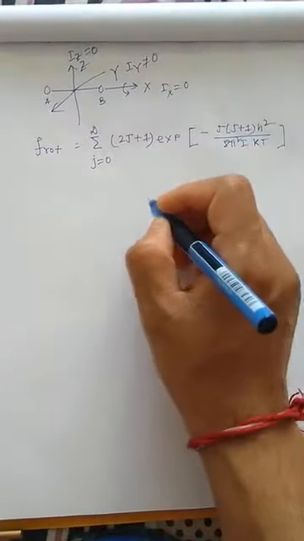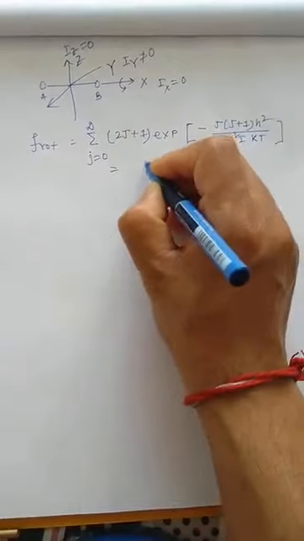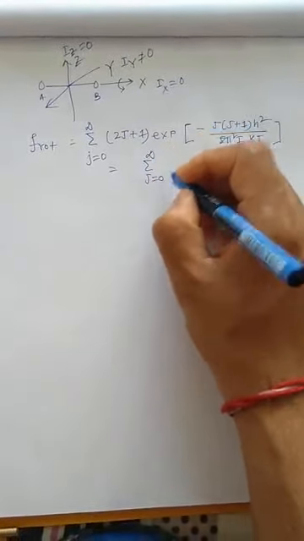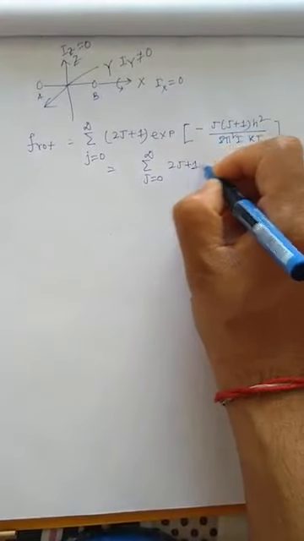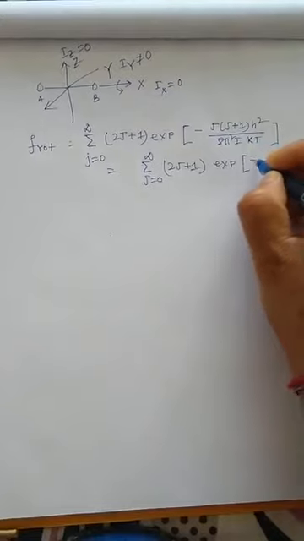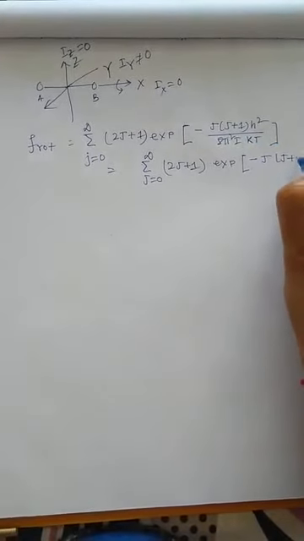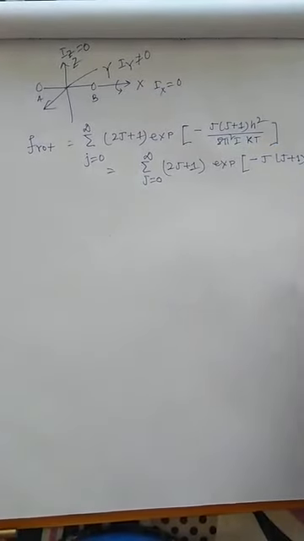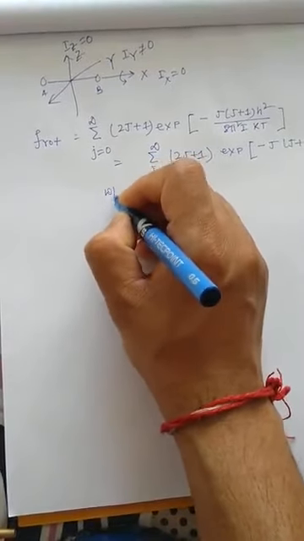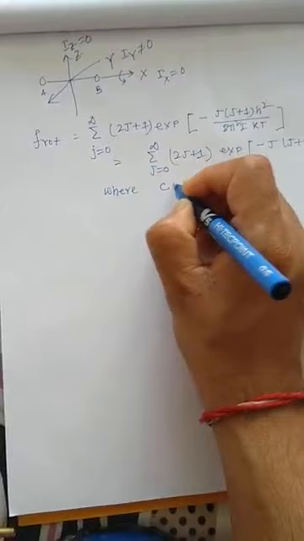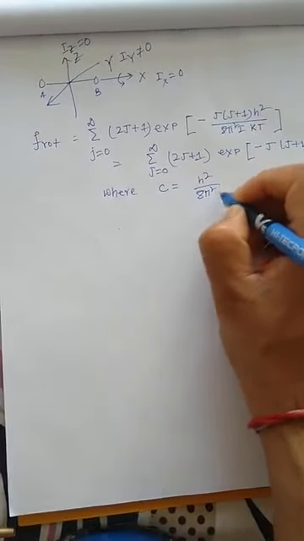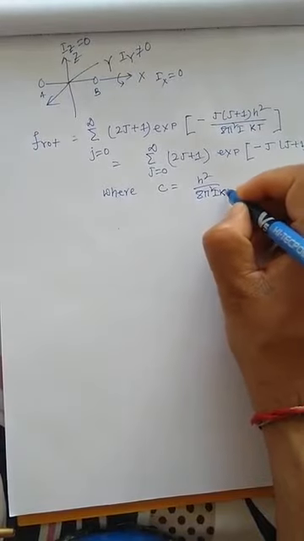Now I can do one thing: sum over J equal to 0 to infinity of (2J+1) exp(−J(J+1)c), where I have chosen c equal to h²/8π²IkT.